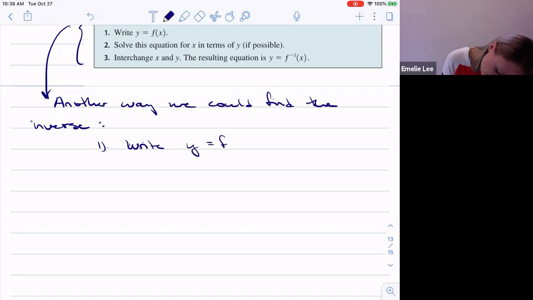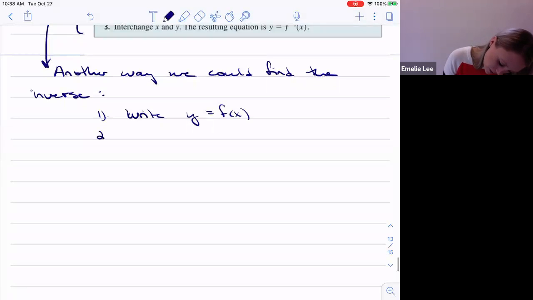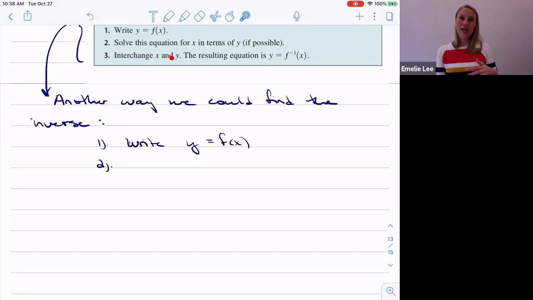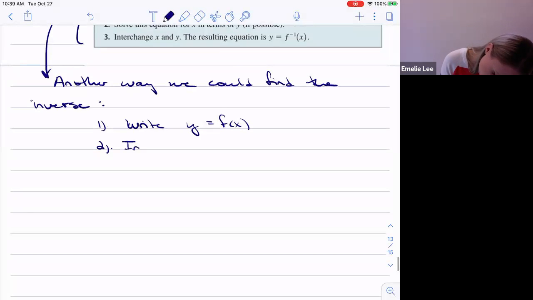Then, because I like to solve for y instead of x, but it doesn't matter, I'm just kind of changing the order a little bit. So then I interchange x and y, and then I solve for y instead of x.